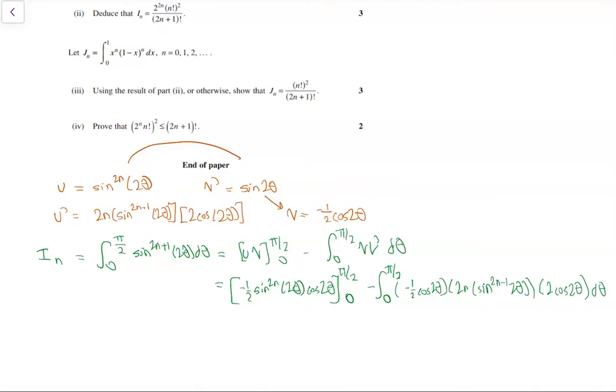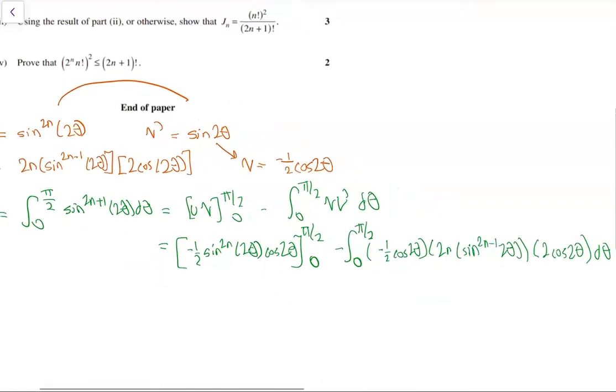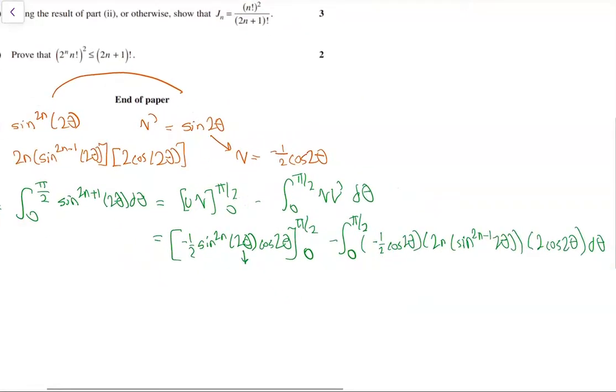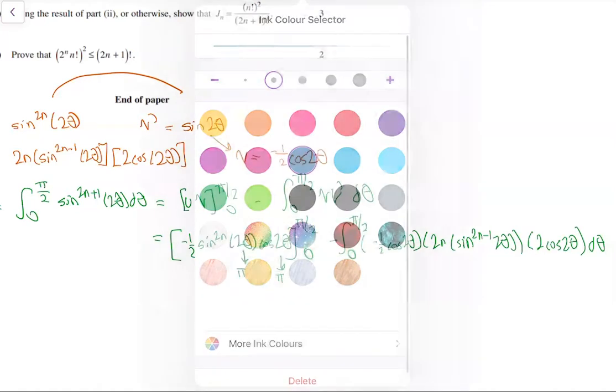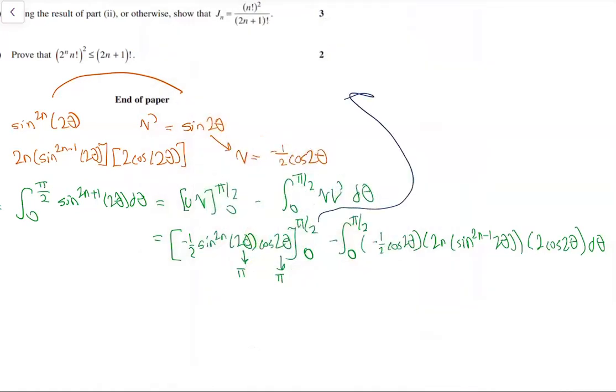What we can see here, if we substitute, 2 theta equals pi here. So that expression will have negative half sine 2n of 2 pi times cos of 2 pi.